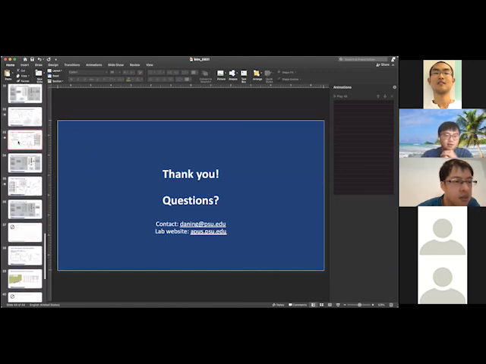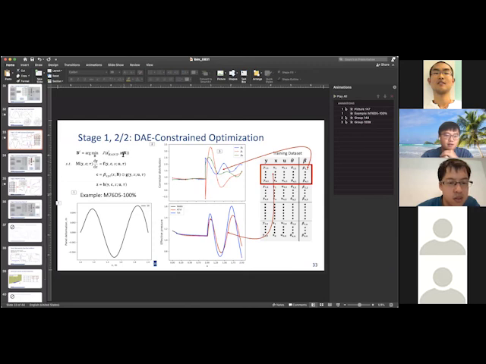Yeah, that's right. For each run solution we do this optimization and then find the beta. And then these betas correspond to the specific states and inputs for this specific case.